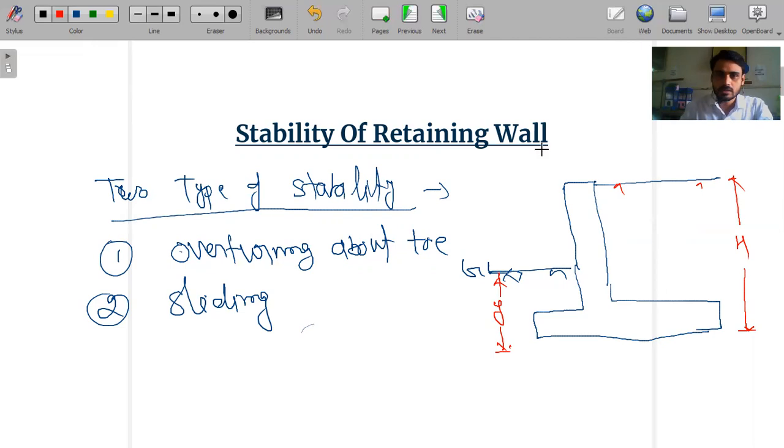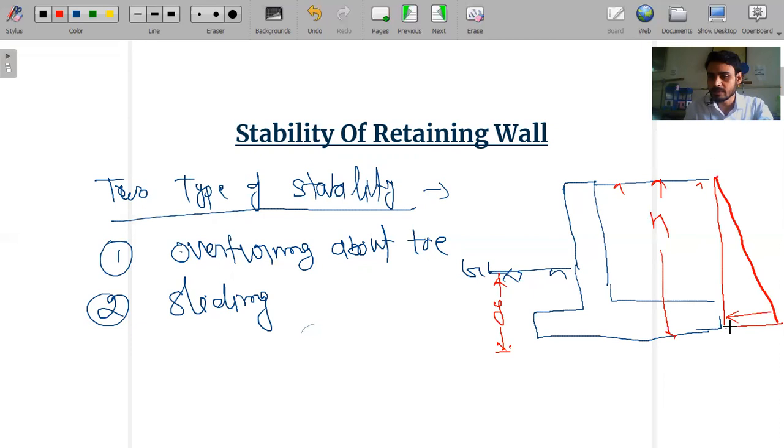Suppose this is height of back filling. So if we draw the soil pressure pattern, the pressure by the soil at the top will be 0, and if we move downward, the pressure will increase in a linear way. Okay, in that pattern, the pressure will be maximum at the bottom because the maximum value of H will be at the bottom.